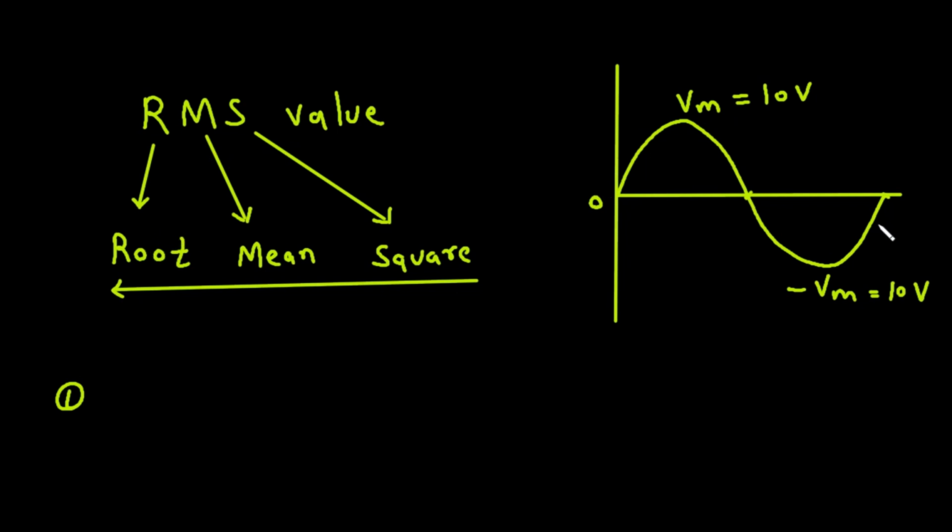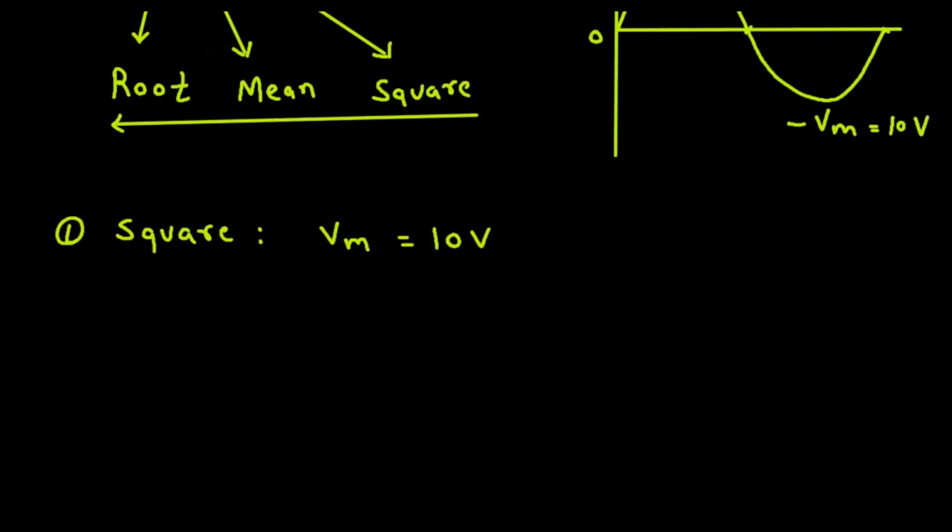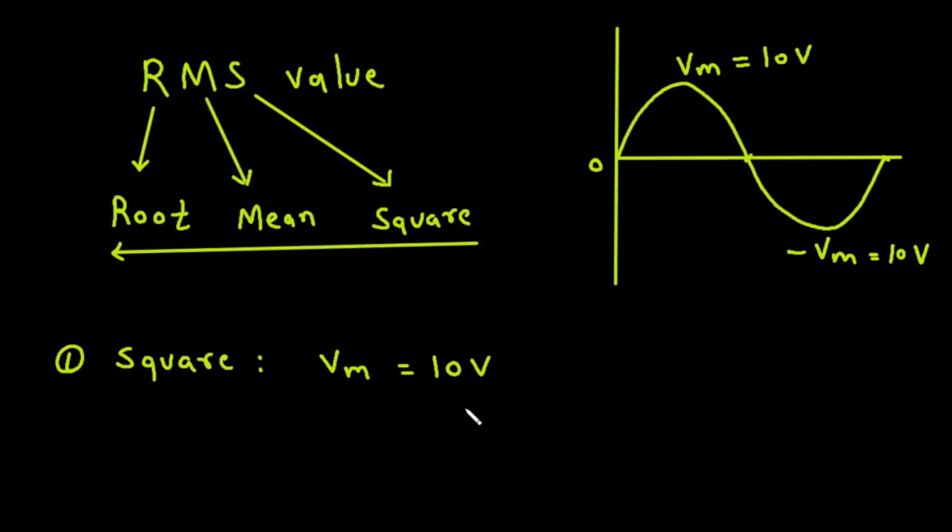Now, since we are considering the maximum value or peak value or amplitude of this sine wave as 10 volt, first we will take its square. So, we are considering Vp or Vm. Let's write Vm is equal to 10 volt. Now, let's take the square of this Vm.